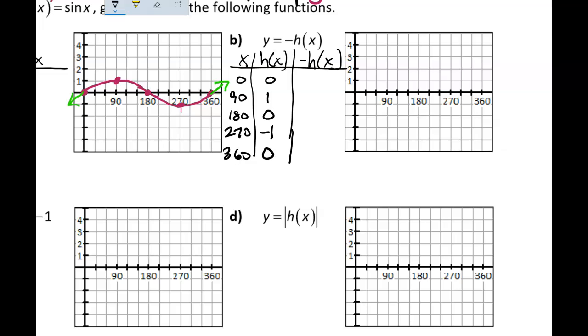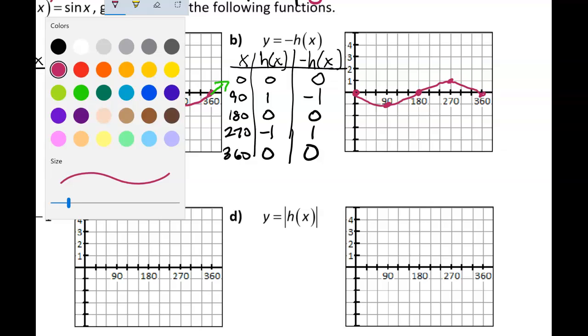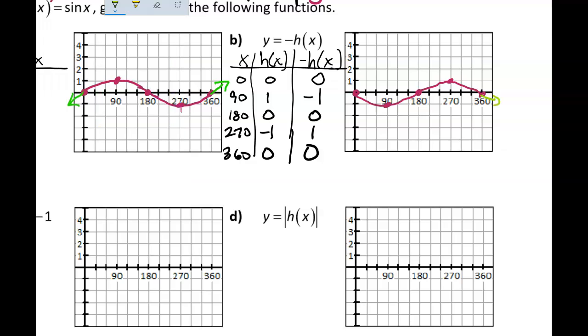To get our final y column, we just need to take the opposite of the h of x values. So that just gives us 0, 0, 90, negative 1, 180, 0, 270, positive 1, and 360, 0. There's one cycle. The graph really does go beyond that. So that one's just a vertical flip.